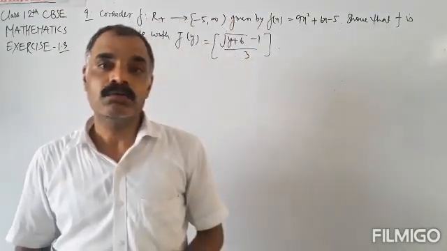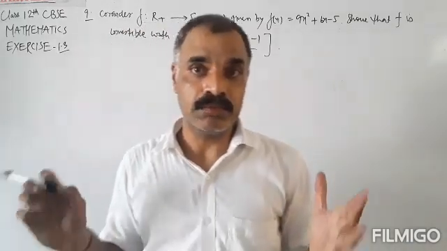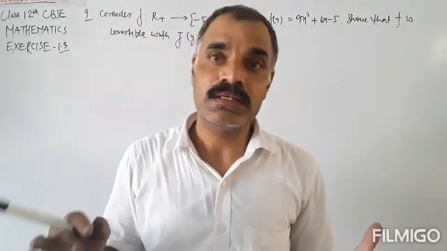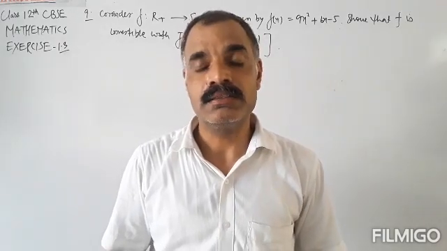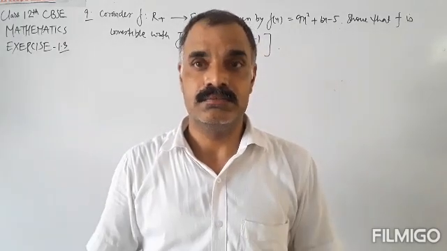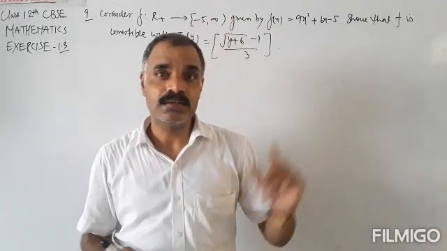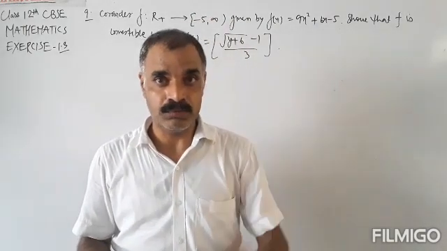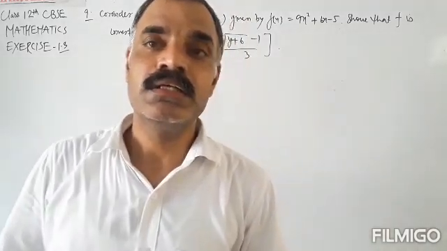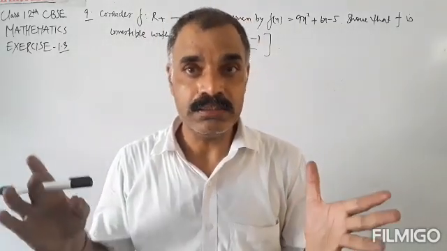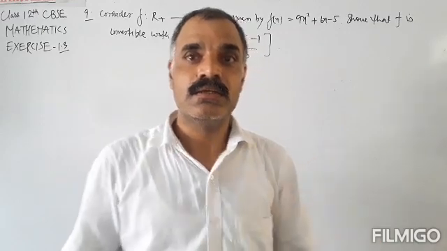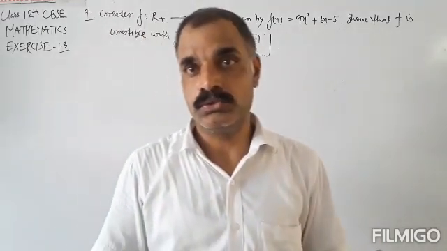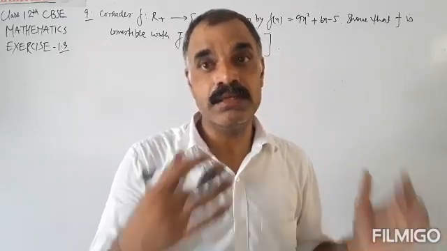Okay, so the aim of our question is to show that the given function is invertible. Now let us have a trick: when the given function is a quadratic expression, we will show that gof equals identity to show that the given function is invertible.